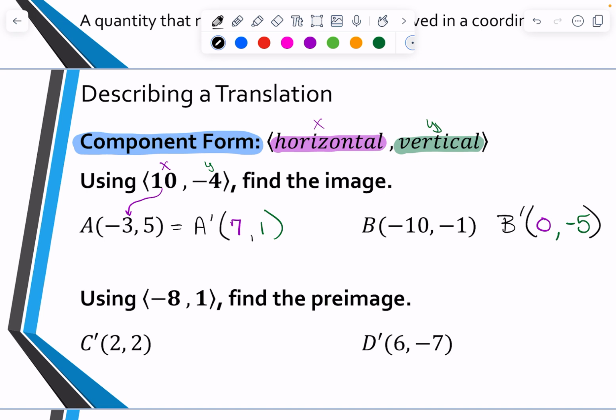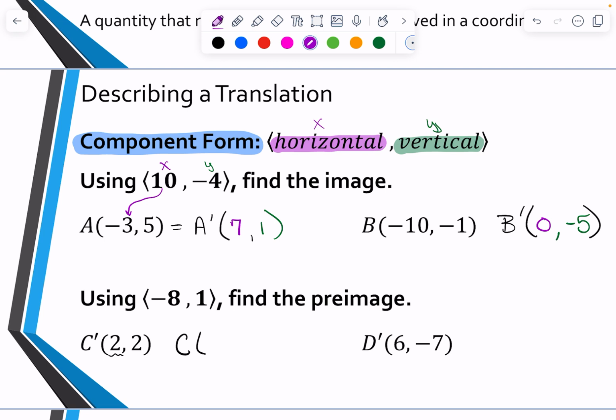Okay, next we're going to use it to go backwards this time. If you think about that, going backwards means that if it has a -8, that means we started off with this pre-image, we subtracted 8, and we ended up at 2. So to go backwards to the pre-image, we have to go backwards with the math.